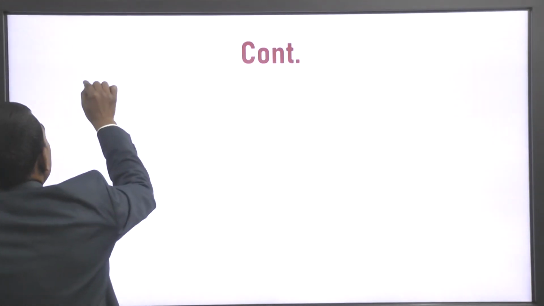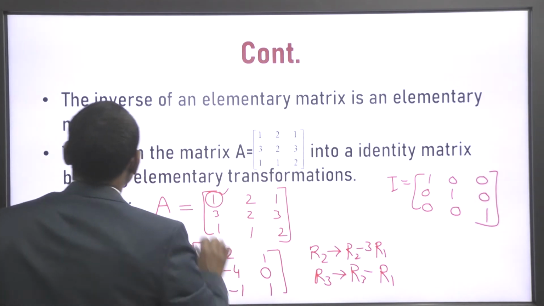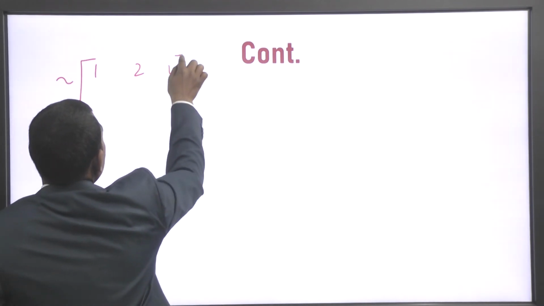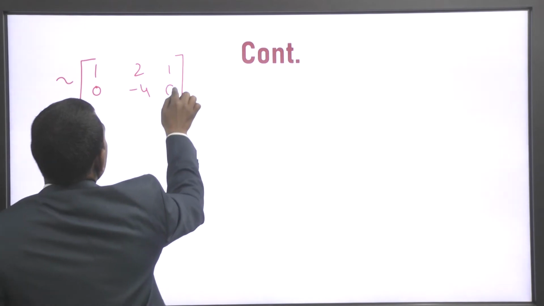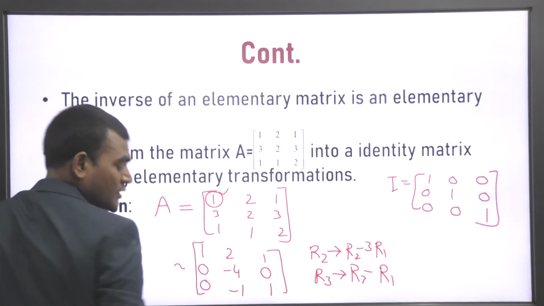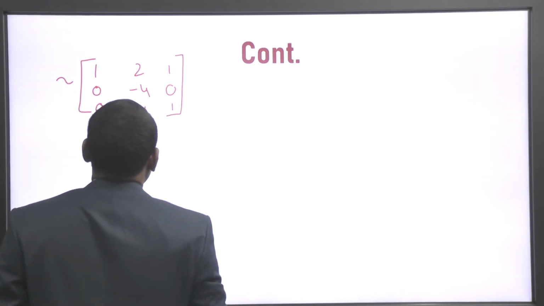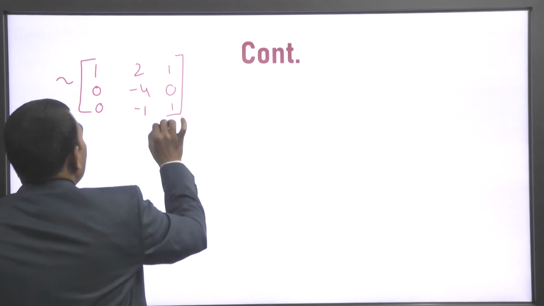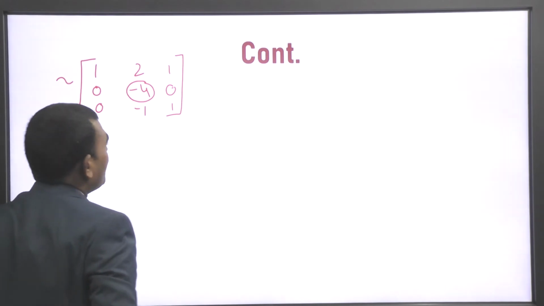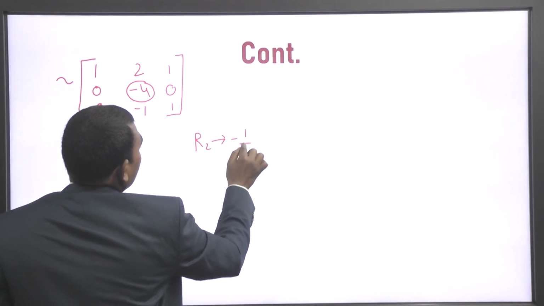See here, the equivalent matrix is this: 1 2 1, 0 minus 4 0, and in the third row 0 minus 1 1. Now the second operation will be applied in this way: we make the second row second column element 1, so we apply R2 replaced by minus 1 by 4 R2.